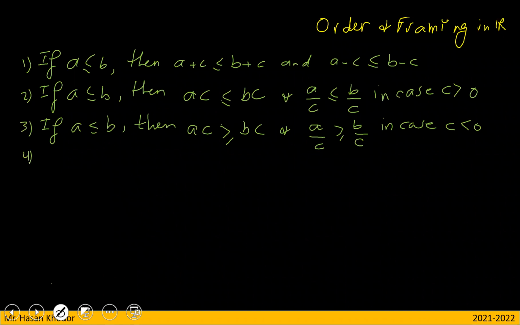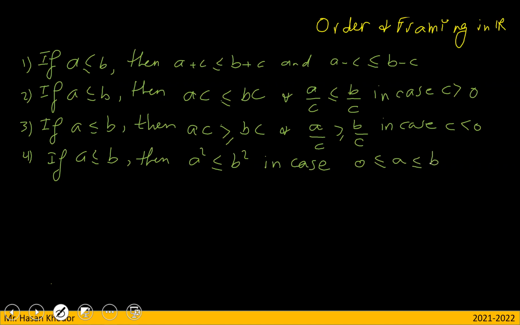Now, what happens if we want to square an inequality? If A is smaller than B, what happens concerning A square and B square? A square stays smaller than B square in case A and B are positive. That is, in case 0 less than A less than B. Okay.